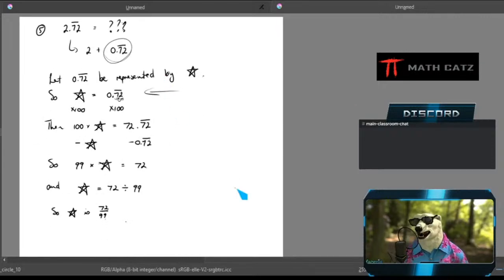But I do get used to seeing fractions over 9, fractions over 99. As I do more of these, my experience does build, and it gets to a point where I feel like, oh, I knew that 0.72 repeating was 72 over 99. Sure, but it depends on your audience.